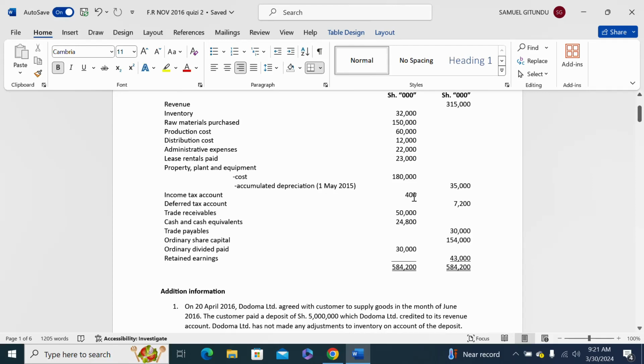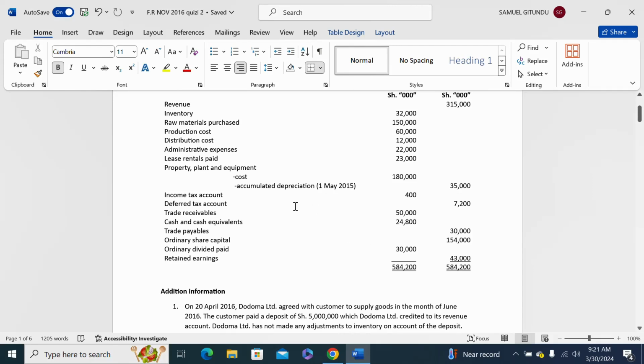Is this an under provision or an over provision of the previous year tax? If it is on the debit side, obviously it is an under provision. This is an under provision of the previous year tax. But if it was on the credit side, it would be an over provision.